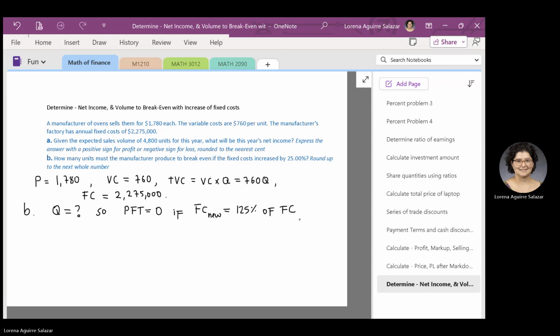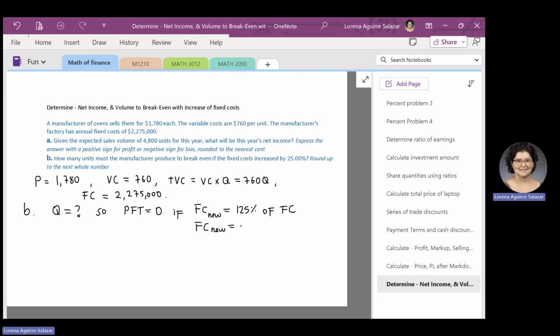Okay, so to work with this problem, we start by finding the new fixed costs. The new fixed costs correspond to 125% of the original fixed costs.